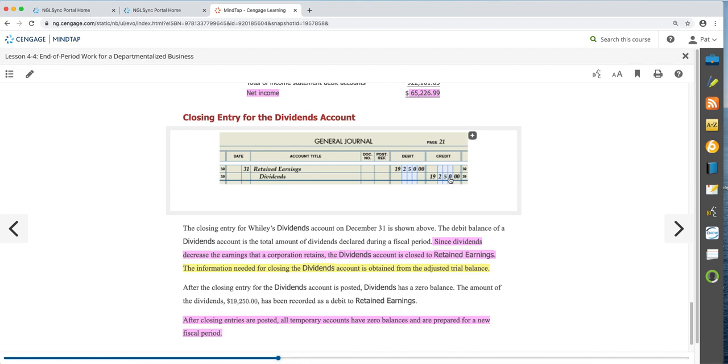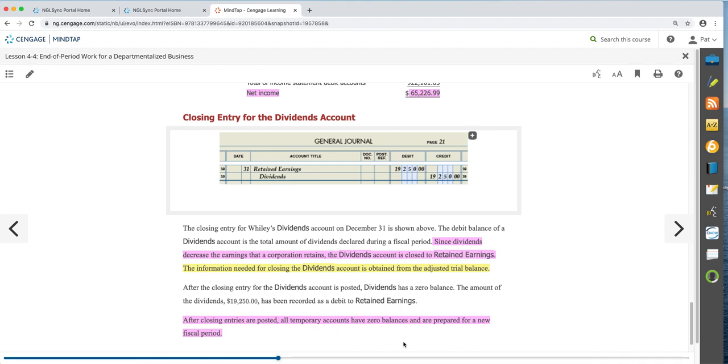To increase retained earnings we usually credit it, but dividends decrease it, so we debit retained earnings and credit dividends for the last closing entry. Since dividends decrease the earnings of the corporation, dividends amounts close to retained earnings. Okay, we get this information from the adjusted trial balance.